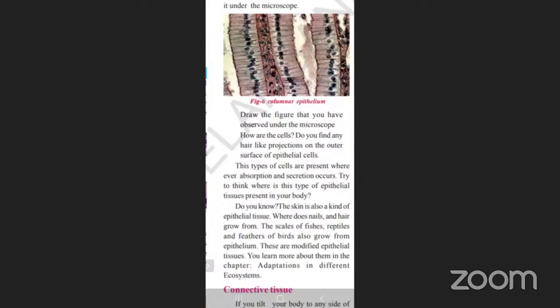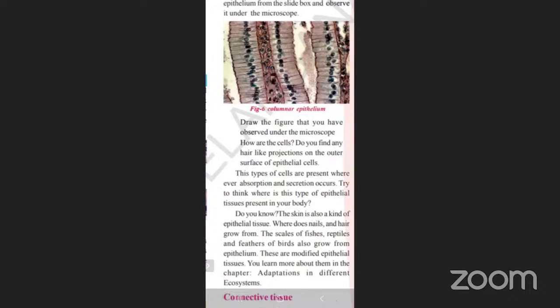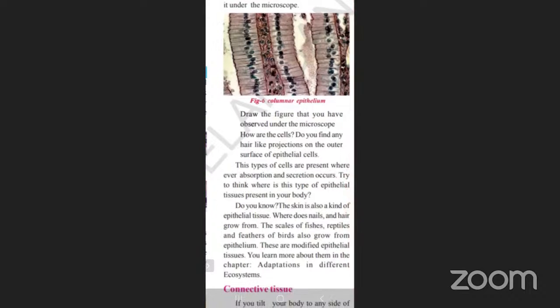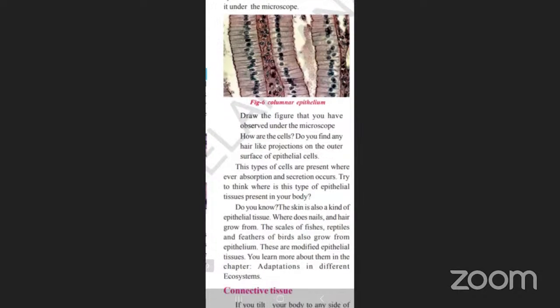Absorption and secretion occur in the epithelium only. The columnar epithelial tissue is responsible for absorption and secretion. Absorption means taking in, and secretion means leaving out, like sweat. Try to think where this type of epithelial tissue is present in our body.